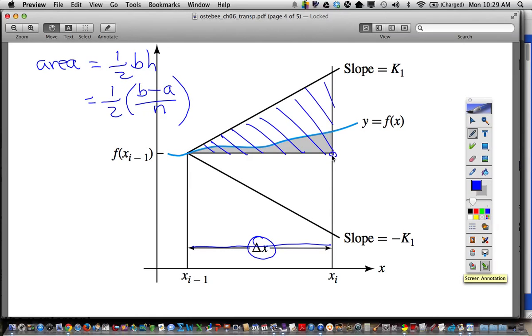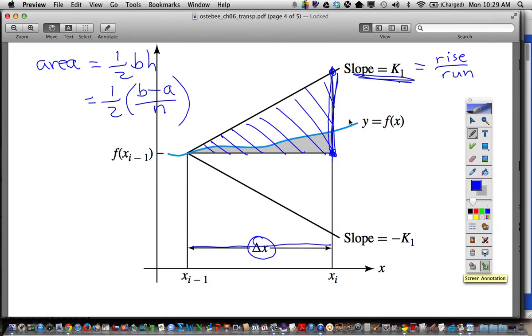What's this height? Now this is a little harder. Oh, but remember, our slope is k1. Now k1 is the slope, and slope is rise over run, right? Are you with me? K1 is this slope. And the slope is rise over run. So it's this over this.